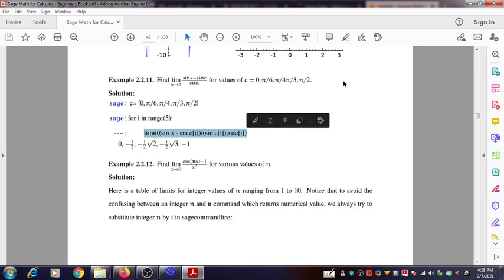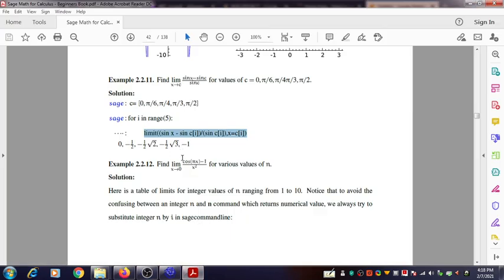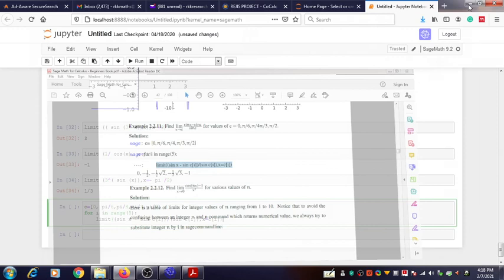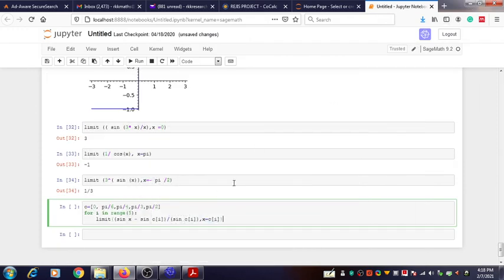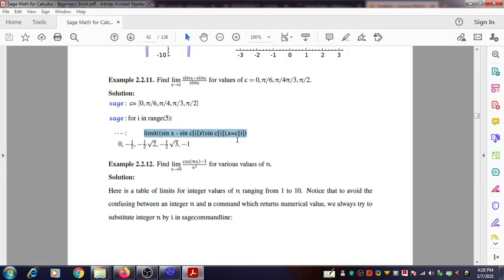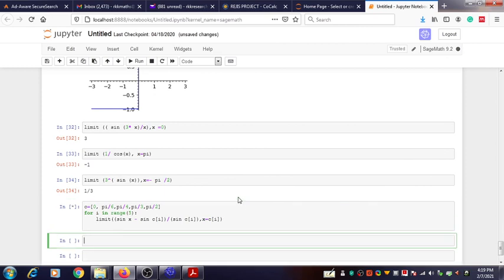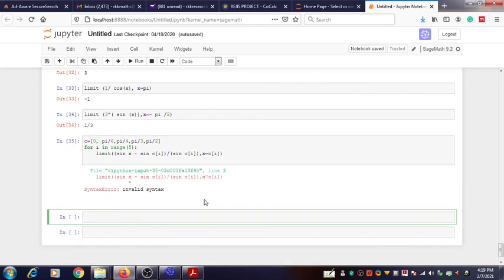There is a chance of some error occurring because we are copying it directly from the document. Where is the command to display the output? Okay, let's try this. Let's try to take the output. Yeah, an error is there.